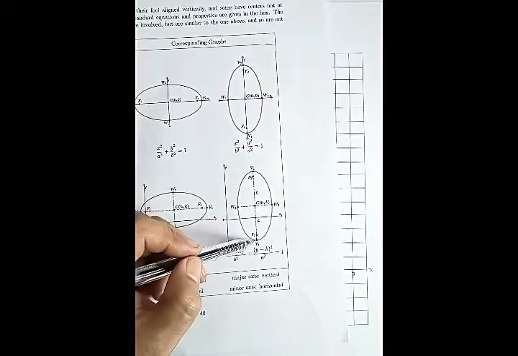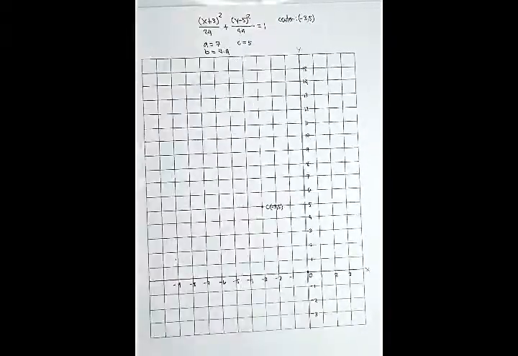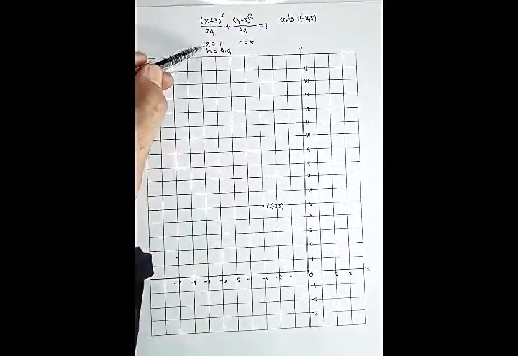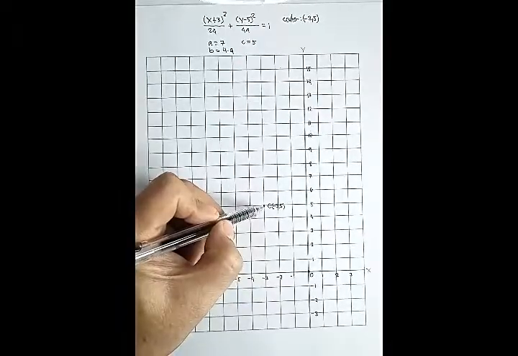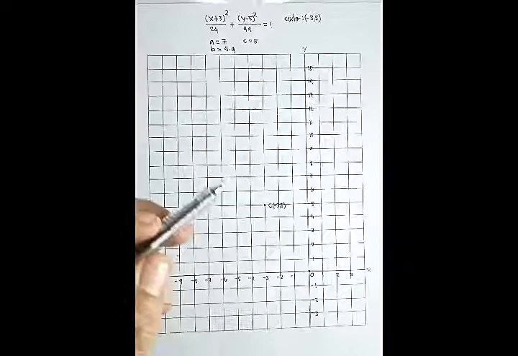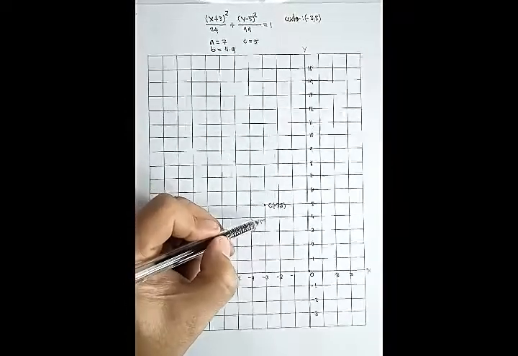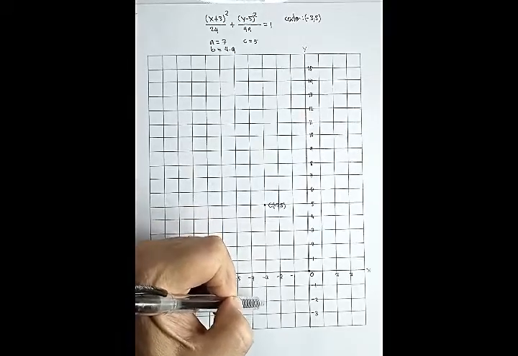Diri nato ibase sa atong value nato sa A. So, from the center, our A is 7. So, count tag 7, down and up. So, 1, 2, 3, 4, 5, 6, 7.